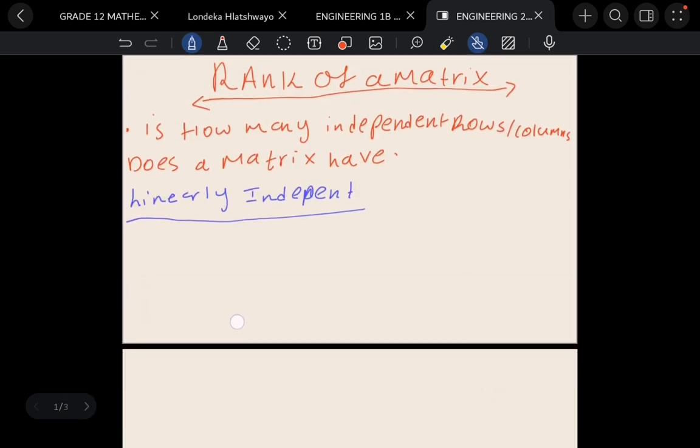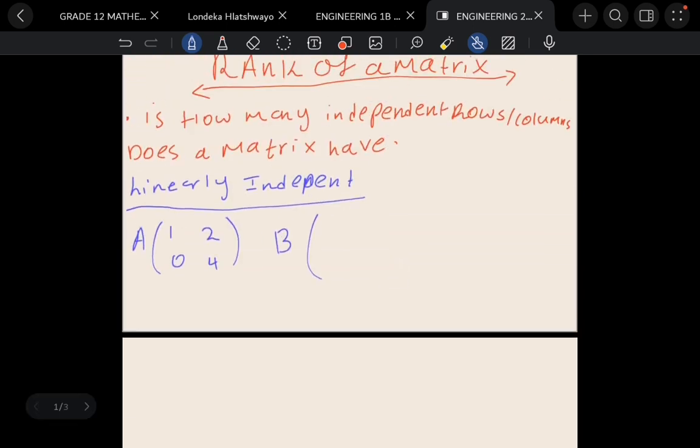Let me give you matrix A. I have matrix A, which is 1, 2, 0, 4. And matrix B, which is 1, 0, 3, 1, 1, 1, -8, 2, 8. This A and B are given as matrices.